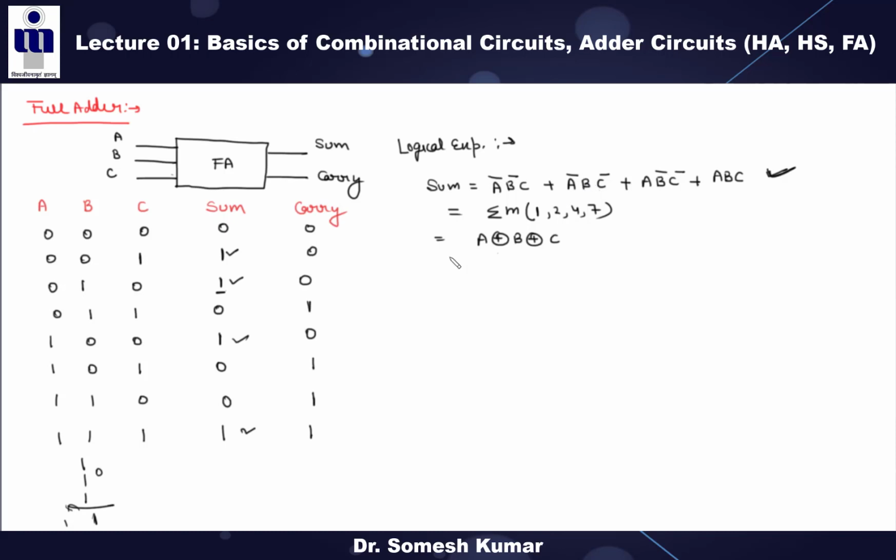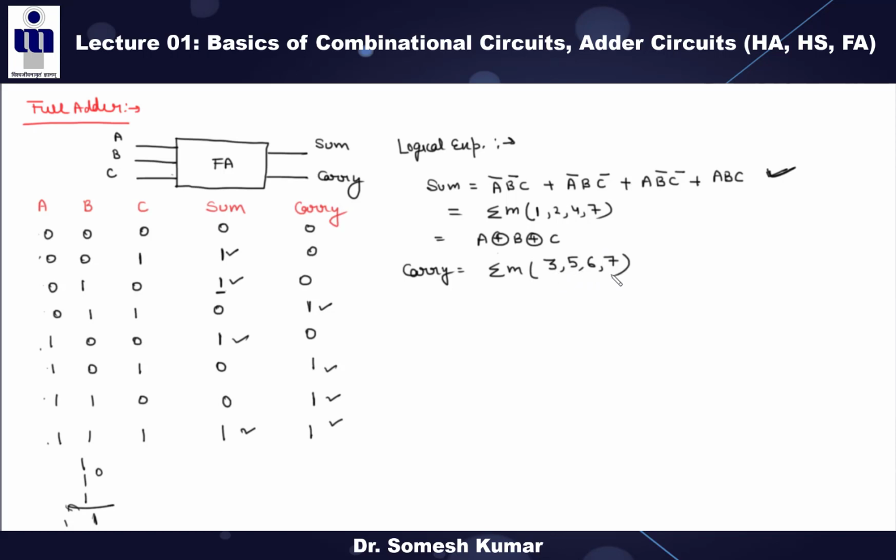What about the carry? The standard SOP form for the carry is this one, this one, this one, this one. So we can write 3, 5, 6, 7, because this is the 0th position, 1st, 2nd, 3rd, 4th, 5th, 6th, 7th position.